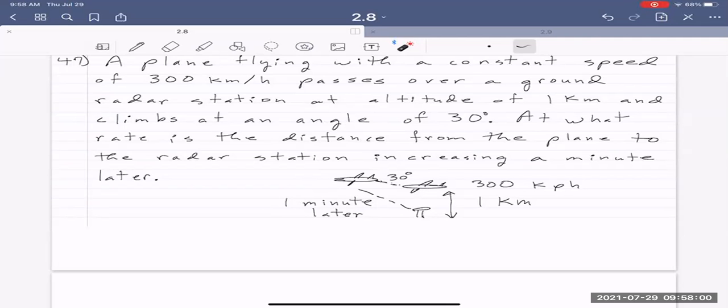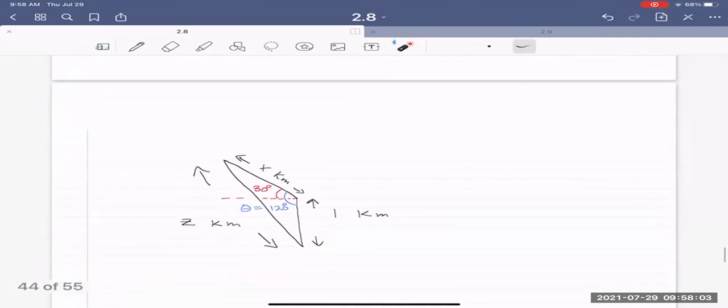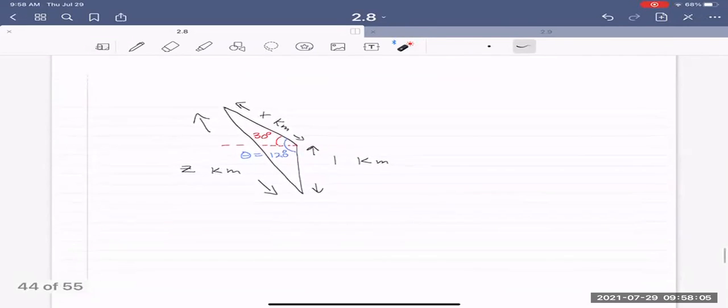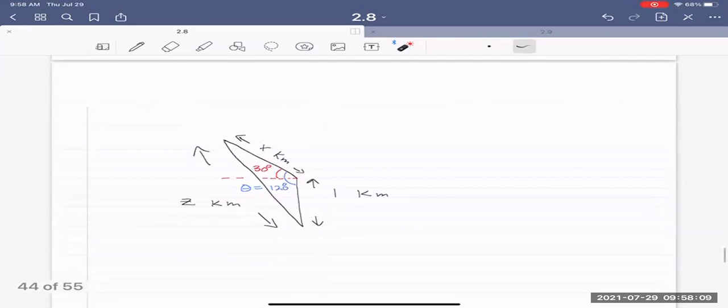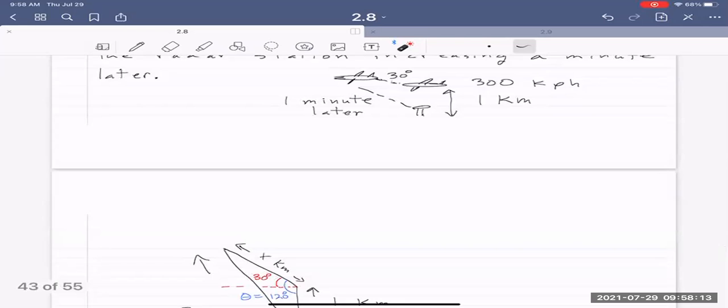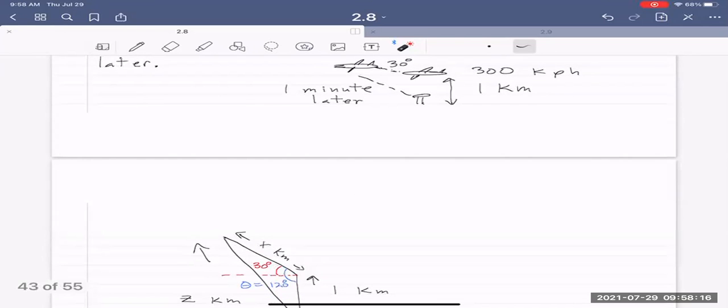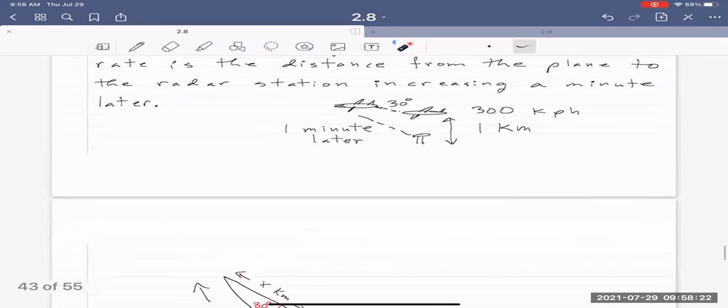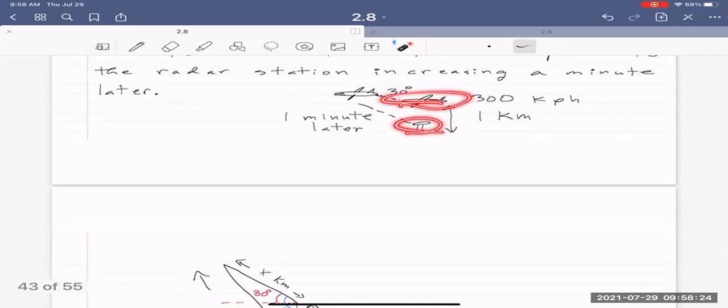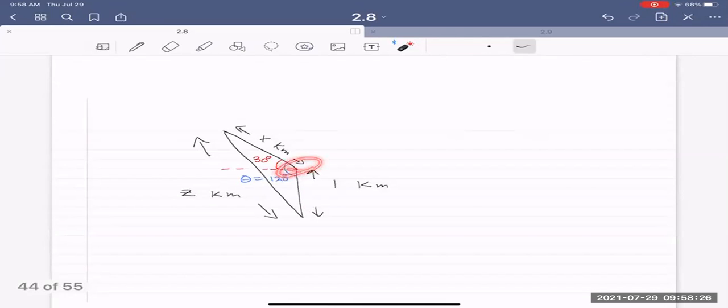Okay. So let me draw this. Actually, I've already drawn it here, so I don't need to redraw it. So here is my airplane, originally over the radar station, which is 1 kilometer above the radar station.